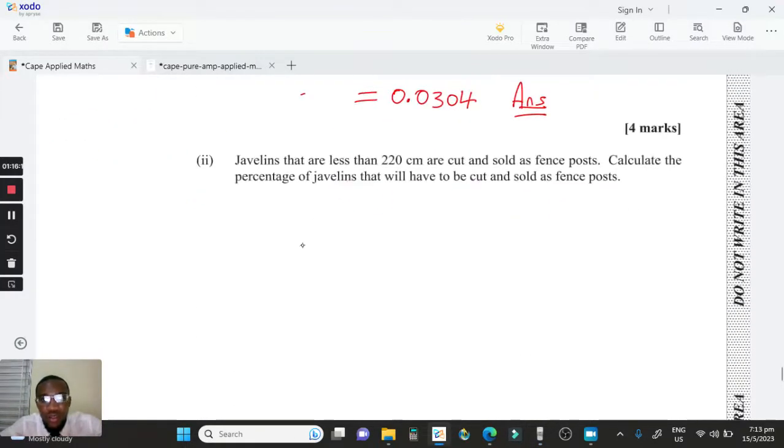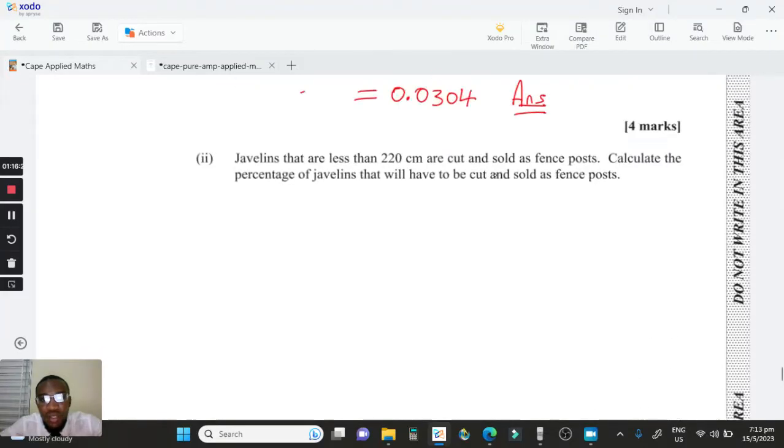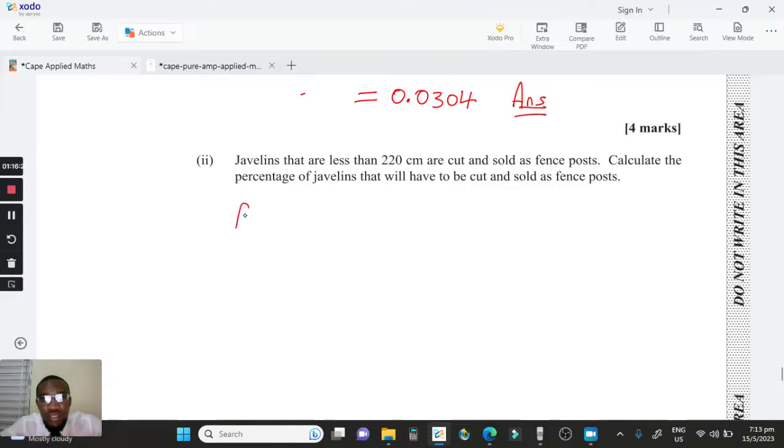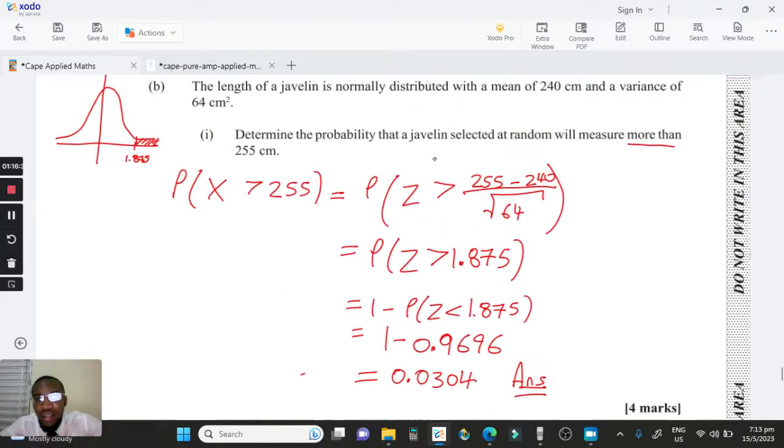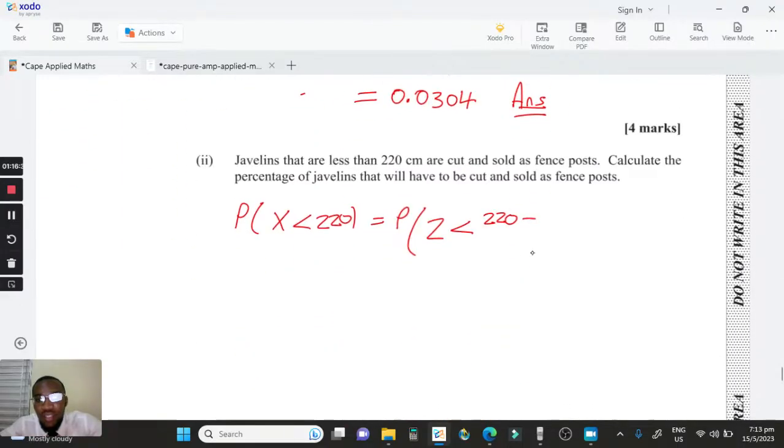Now it says javelins that are less than 220 are cut and sold as fence posts. Calculate the percentage of javelins that will have to be cut and sold as fence posts. To find the probability that x is less than 220 is equal to the probability z is less than 220 minus the mean. The mean given was 240 divided by the square root of 64.